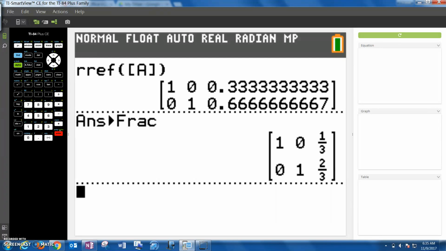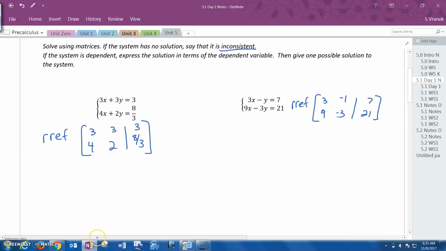So I'm going to explain what this means in a second. So let's write this on our paper now. So I get 1, 0, and then it was 1/3, and then 0, 1, 2/3.